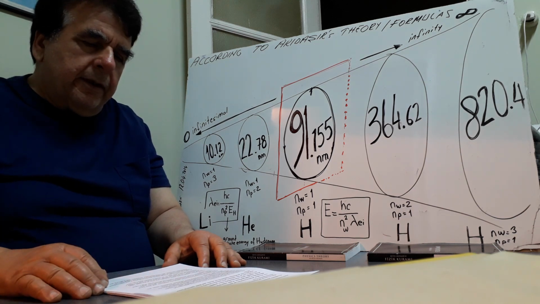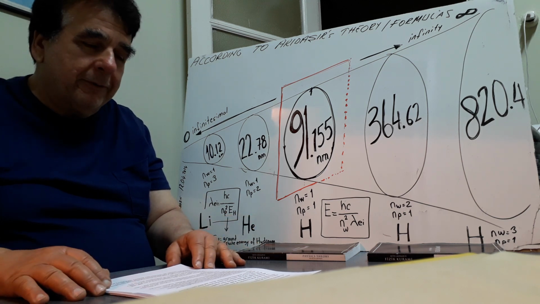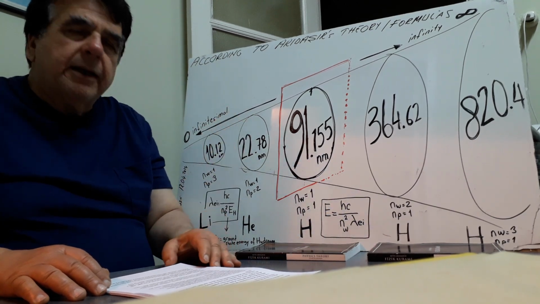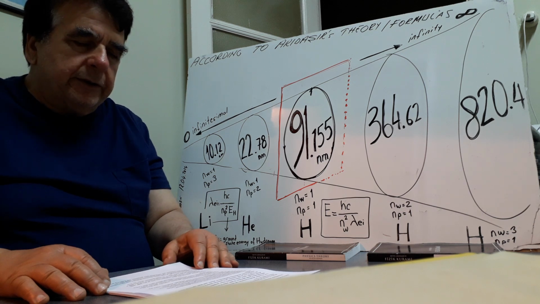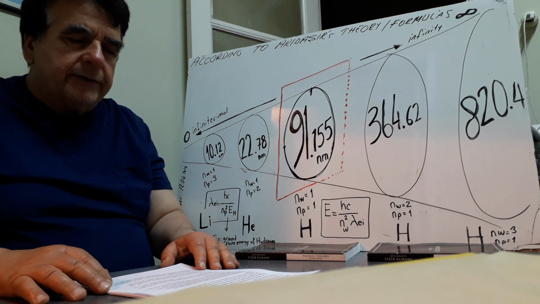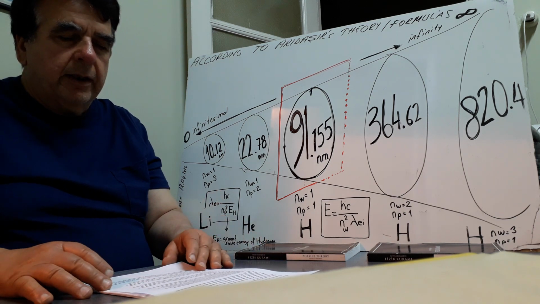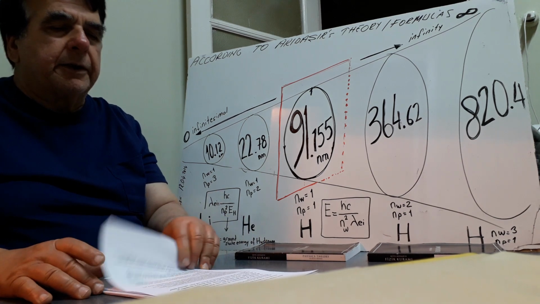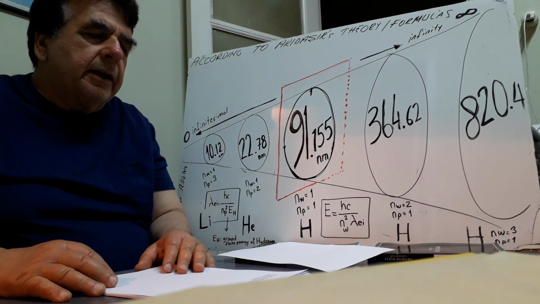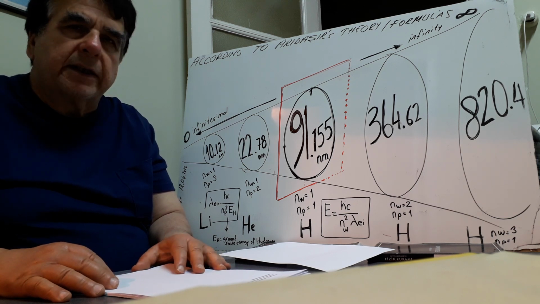5. The 91.155 nanometer wavelength of hydrogenic electron motion form determines fake Rydberg constant, fake fine structure constant, ideal gas law, Boltzmann constant, etc. Therefore, fine structure and Rydberg are not constants, as I told you before, and ideal gas law and Boltzmann constants are not universal constants.